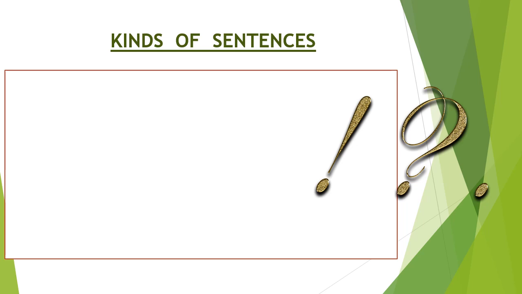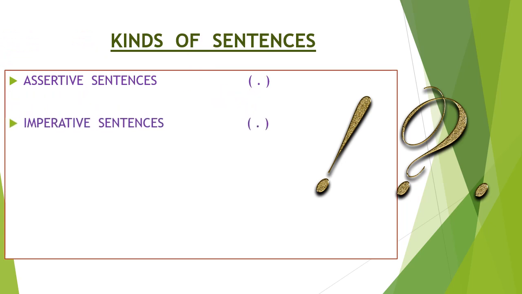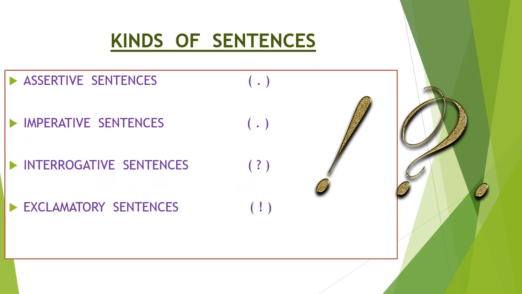The first one is assertive sentences. The second one is imperative sentences. The third one is interrogative sentences. And the fourth one is exclamatory sentences.